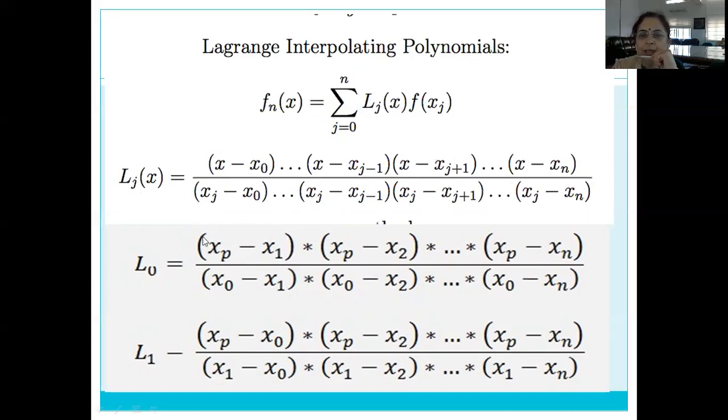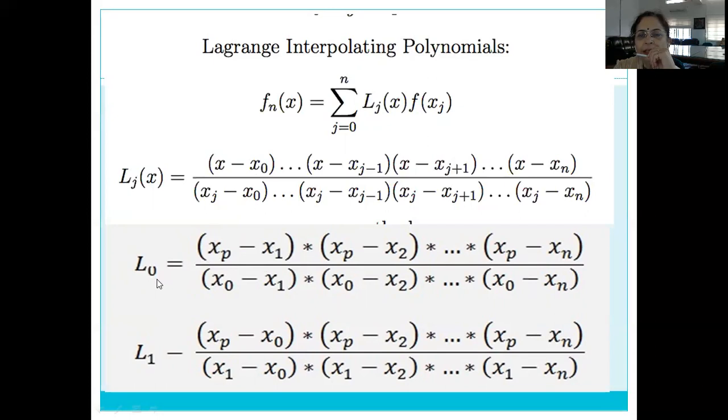Let us take an example. Suppose we are calculating the weighing function for the first data point, L0. Here xp is the unknown data point, and we take xp minus x1. Because j is 0, we do not take i as 0, so the x0 point is not considered.